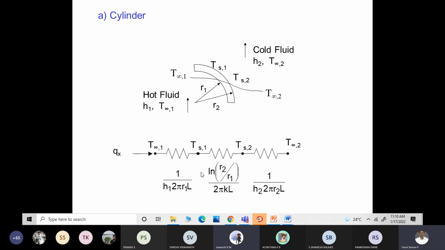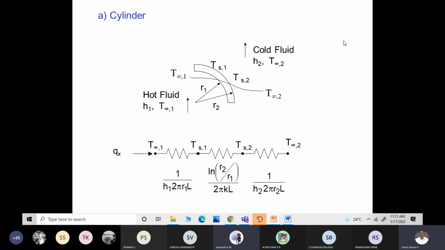Now, how do you get this expression? Can anyone say? What are the three resistances? What is the first resistance, the second, and the third? The first and the third one are convective resistances, which depend upon the convective heat transfer coefficient of the hot fluid and the convective heat transfer coefficient of the cold fluid.